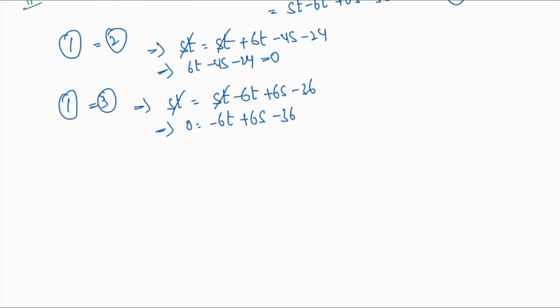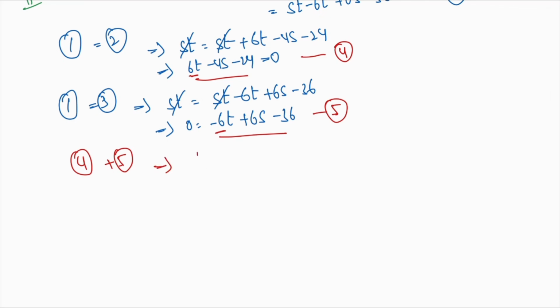Now here we have two equations. Now we will assume as fourth equation and fifth equation. Now we can use the elimination method. See here we have minus 6T and 6T. Now what we will do is we will add fourth and fifth equation so that T variable can be eliminated.